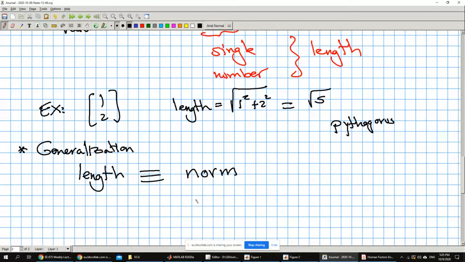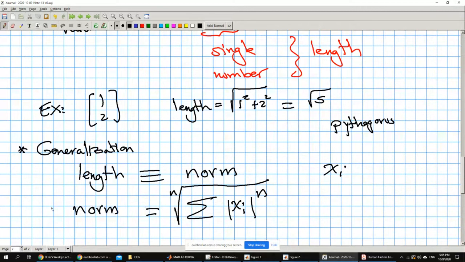So the norm is computed like this. Basically, what you should do is summation. If you have your vector x, for example, and the elements of x are xi, you compute the absolute value of xi to the power n, sum them, and take the n-th root, and this will be called the n norm.